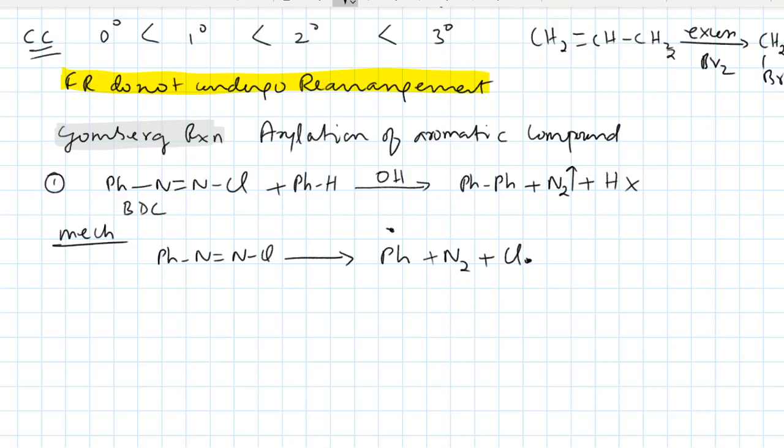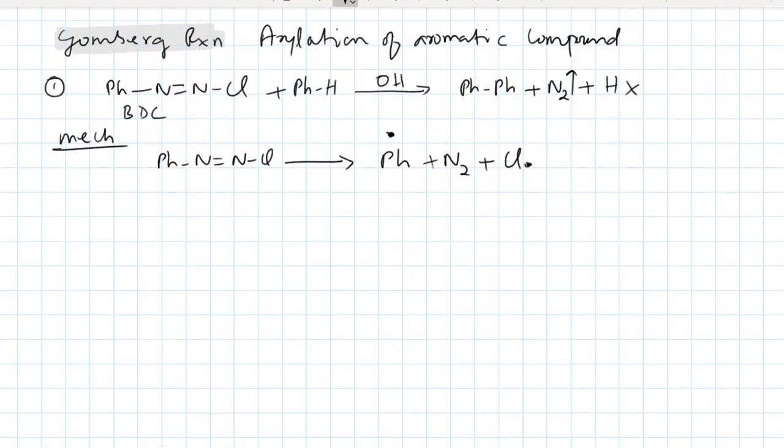As I told you, all free radicals are highly unstable, and the phenyl radical is very unstable. So this is the first step, and in the second step, the propagation, this free radical that is formed will go and attack the next compound, that is the benzene, and try to make a homolytic fission like this. So you will have Ph dot plus Ph dot and then plus H dot.